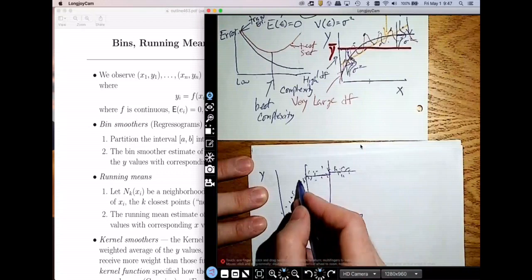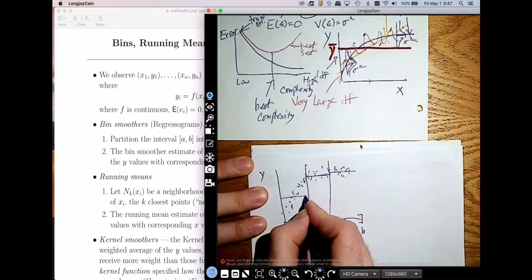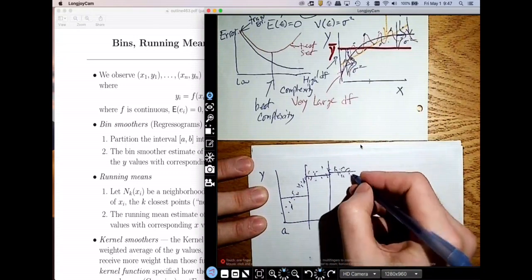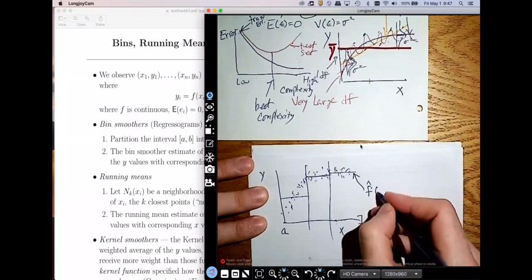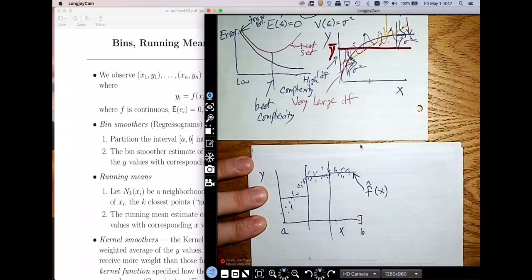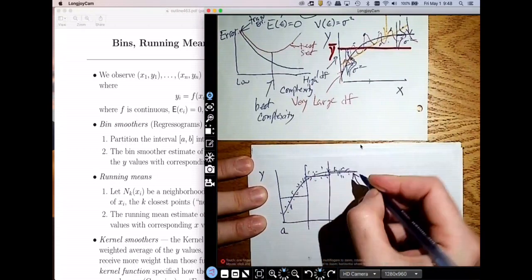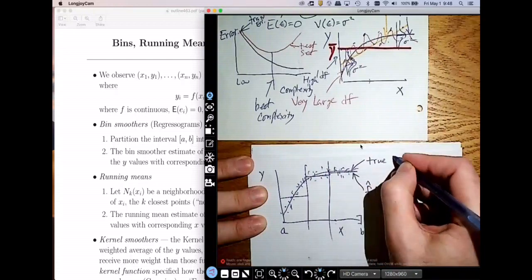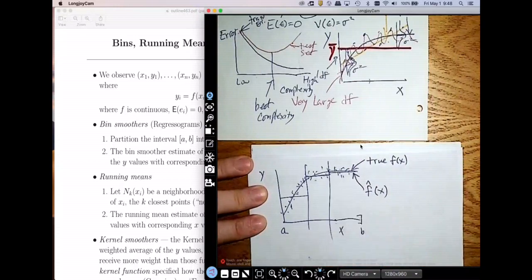And then I'm going to take the average of all these values, and that's going to be my function estimate. So the notation that I'm going to use is this is going to be f hat at x. So that's my estimated function, whereas the true function that I don't know is this. This is the true f. Right, so this is approximating that.